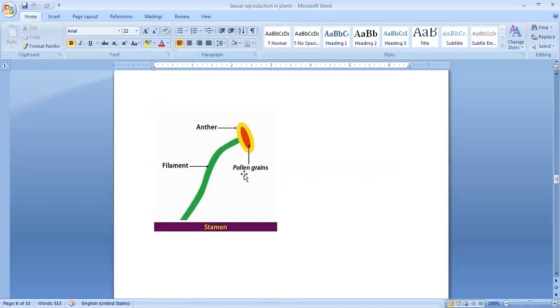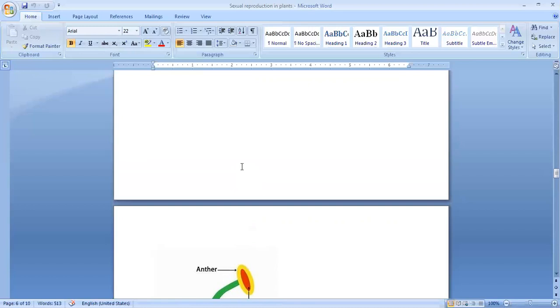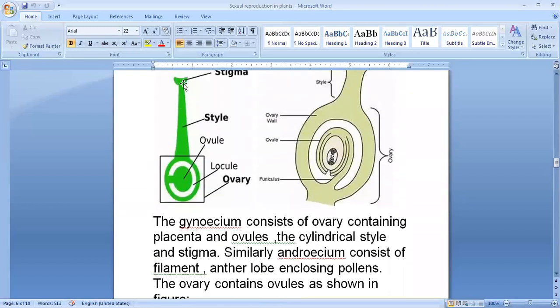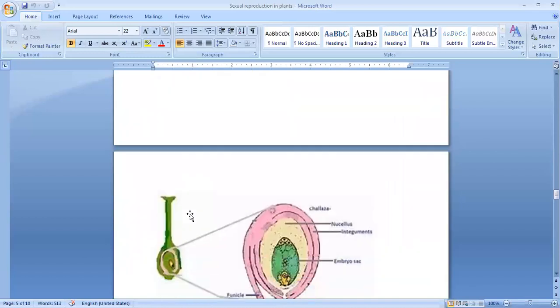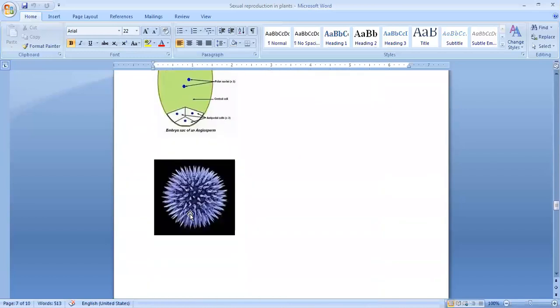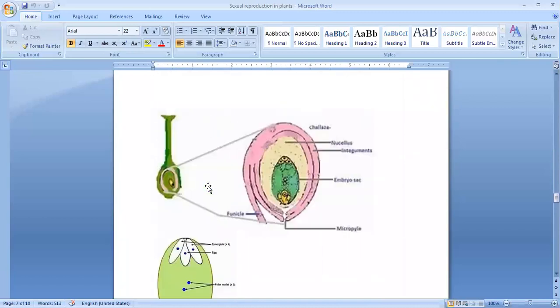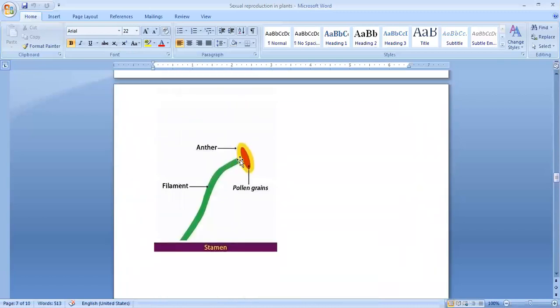Inside the anther, small pollen grains are formed. Pollen grain travel from one place to another. A pollen grain has to move towards the female and towards the stigma. And this movement of pollen grain towards the stigma is called as pollination. This is the pollen grain which are formed inside this anther.